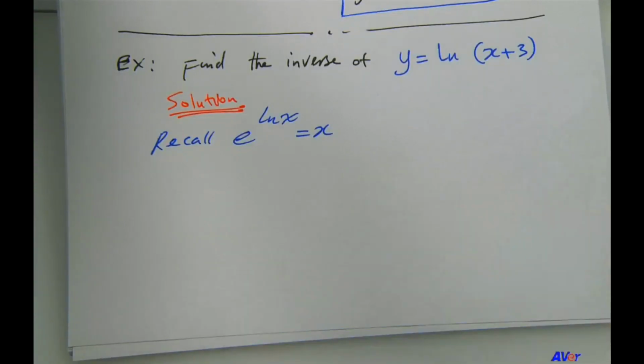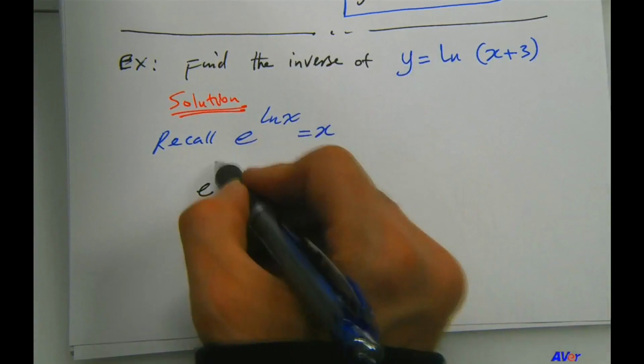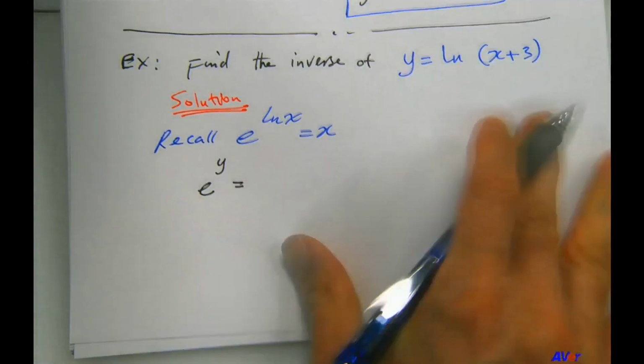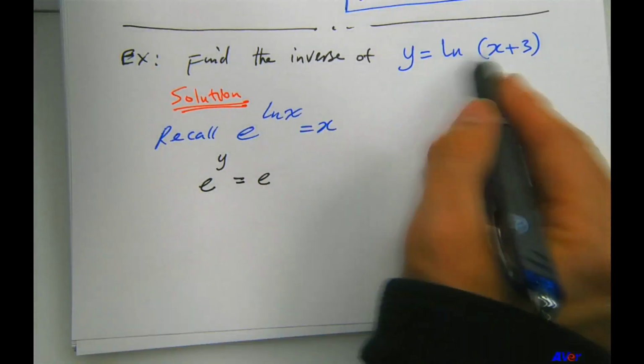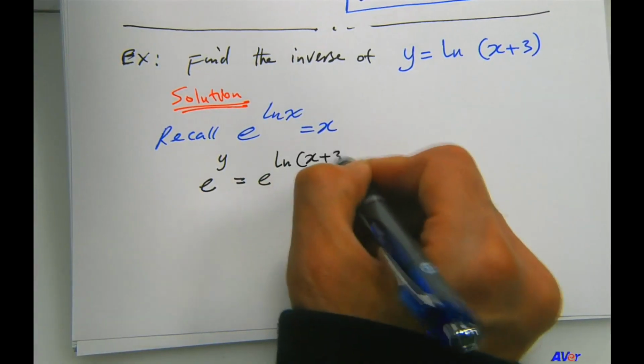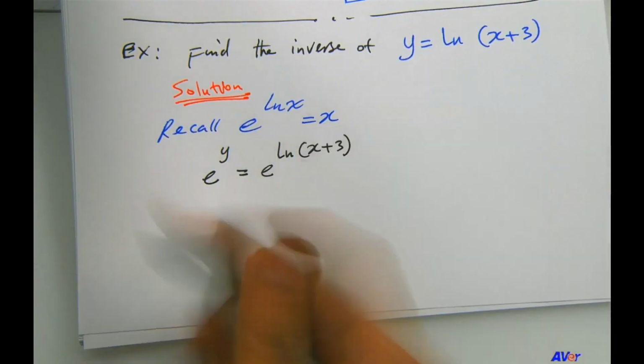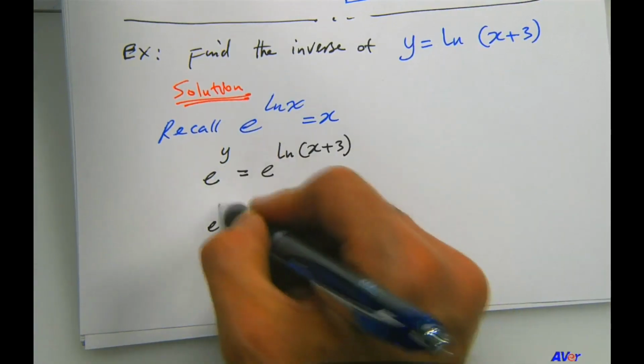So let's do that. So e to y on the left, and then also e to that whole thing, natural log of (x plus 3), right? So on the left, it's just e to y.